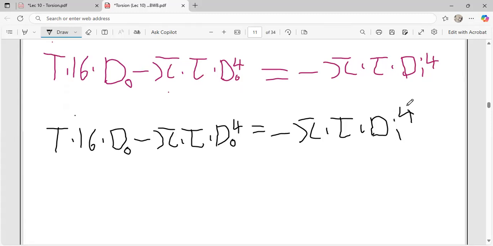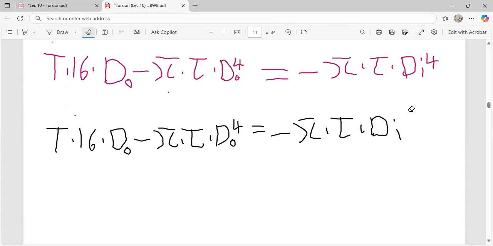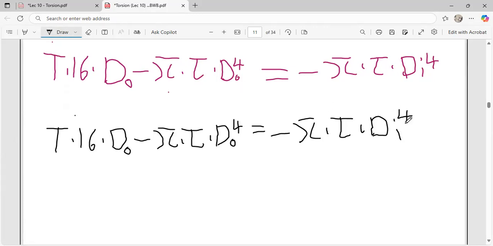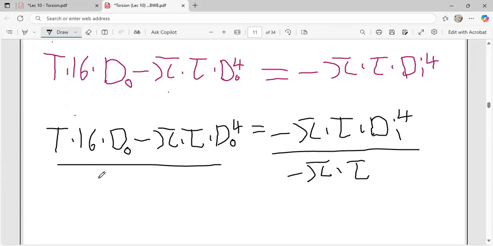So I'm going to divide here by this because it is Di that I want. So I divide here by what? Minus pi tau. And also divide here by what?